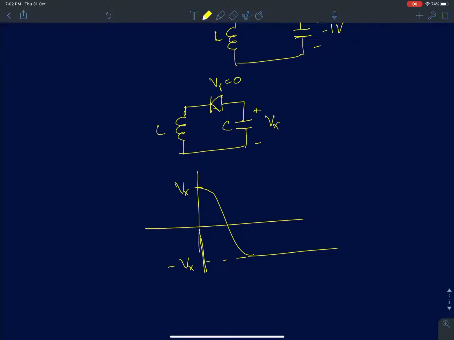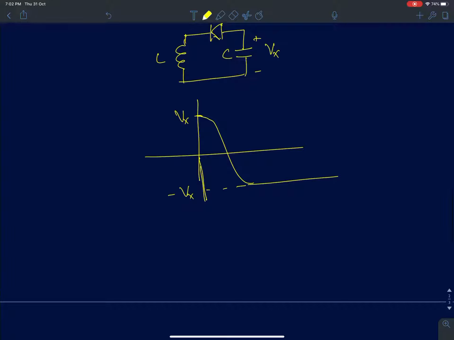The voltage across the inductor, on the other hand, we saw that initially, I'll draw it in a different color, the voltage across the inductor was following the same graph, but at this point, if the inductor has some finite voltage across it, then there will be some current building across it, but that's not possible because the diode becomes an open circuit after some time. So the voltage across the inductor will suddenly go to 0, and the current in the circuit started from 0, reached a peak value, and then returned back to 0 at this point.